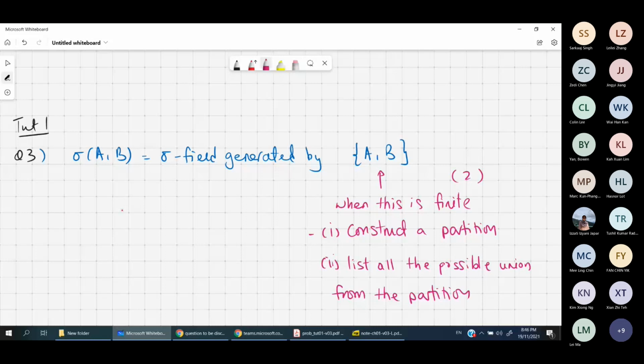We do not have any information about whether A and B have an overlapping part or not. So let's look at the general case.